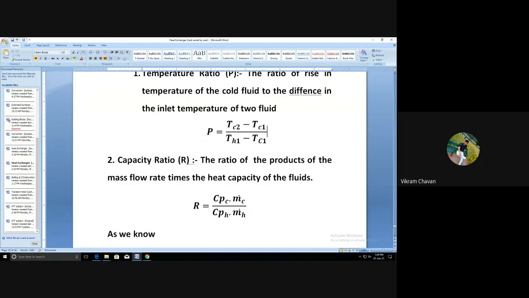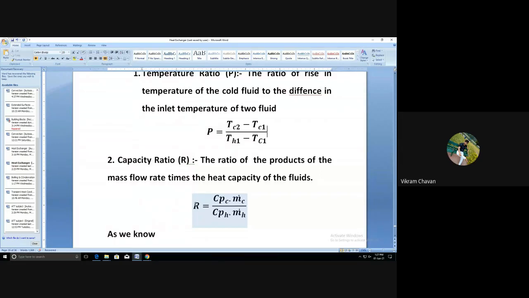It is the heat capacity ratio of the fluids. It can be defined as the ratio of the product of mass flow rate times the heat capacity of the fluid. So you can say CH divided by CC, where CC is M dot C multiplied by CPC, and CH is M dot H multiplied by CPH. Here CC divided by CH is represented by the R factor, the ratio of the product of mass flow rate and heat capacity of the fluids.